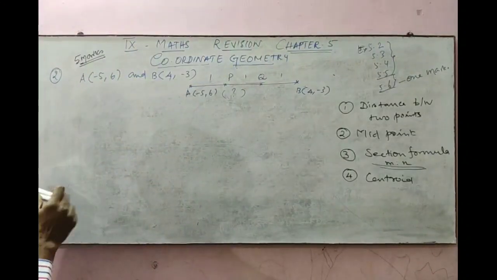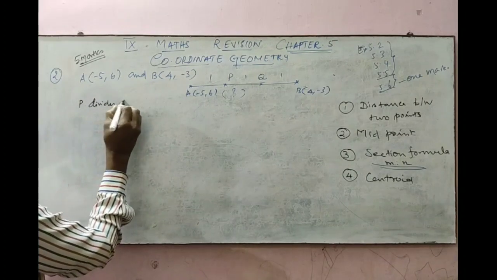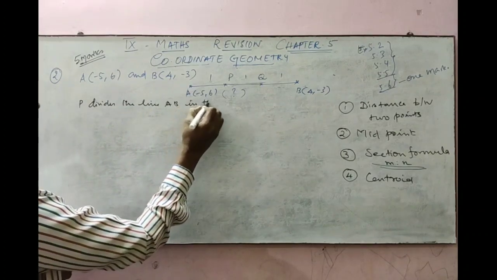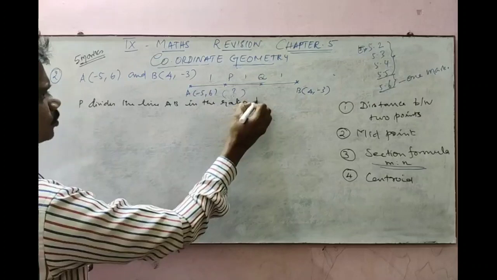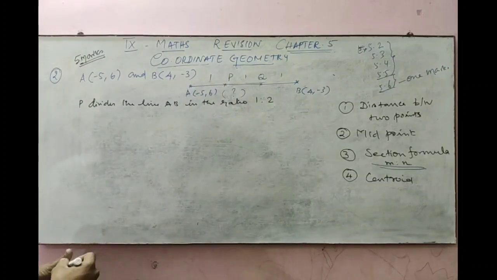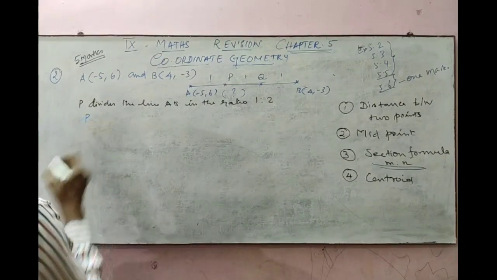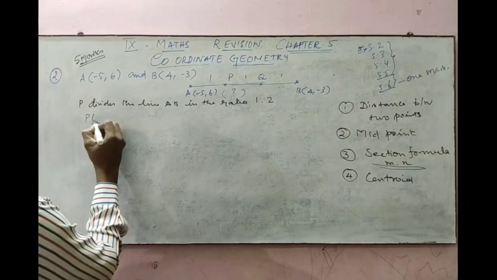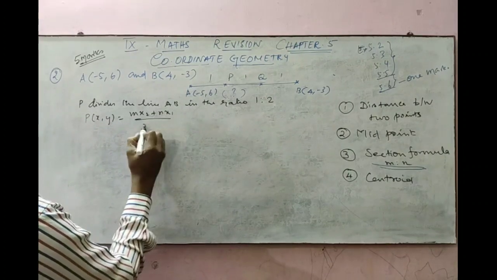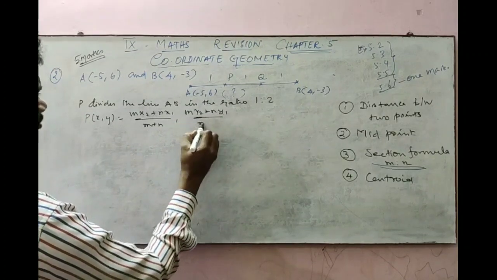So to find the coordinates of P, P divides the line AB in the ratio 1:2 internally. So I am going to use the section formula here to find the P. P of x comma y is equal to (mx2 plus nx1) by (m plus n), comma, (my2 plus ny1) by (m plus n).